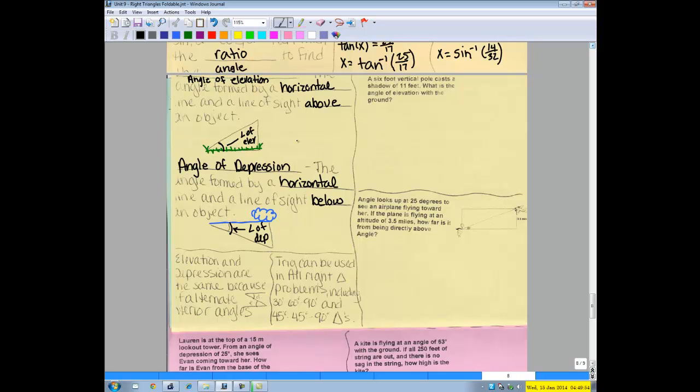And you can actually have two of them together. It looks like this, kind of like a backwards Z. And this right here would be your angle of depression. And this right here would be your angle of elevation.